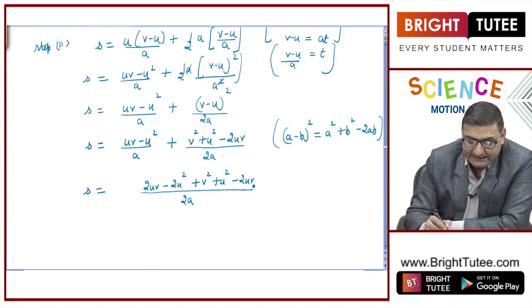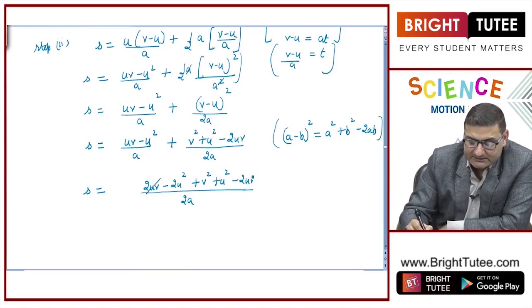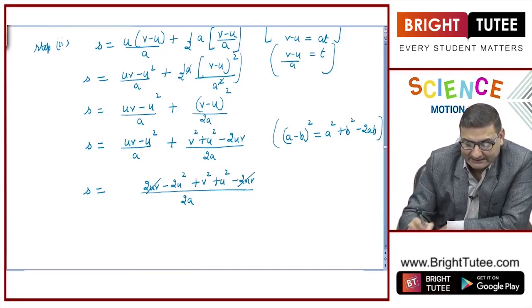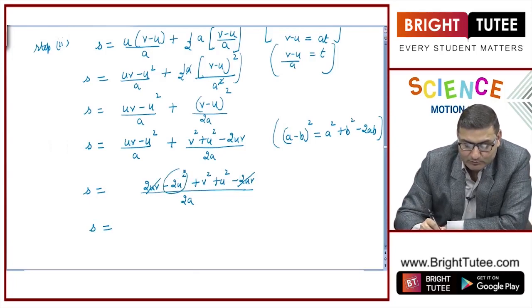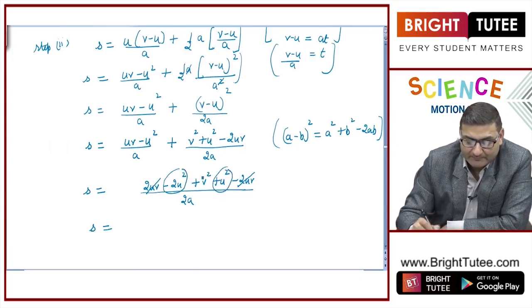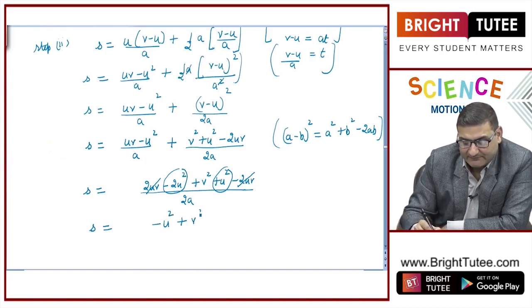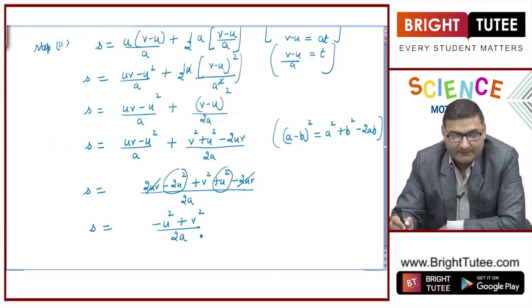From here I can see this is plus 2uv, this is minus 2uv, they'll get cancelled out. s is equal to, again I see here is minus 2u square and plus u square. This I can write as minus u square plus v square divided by 2a.